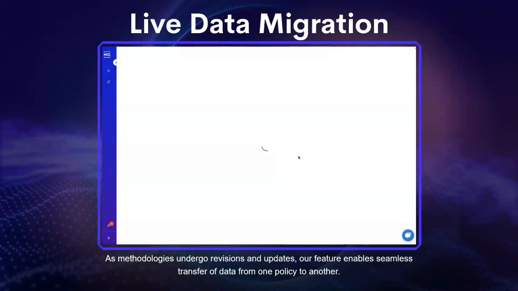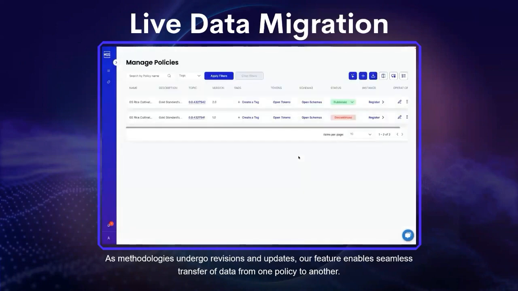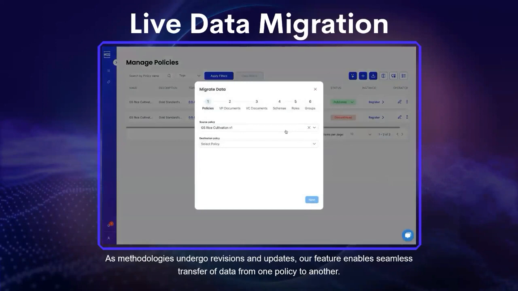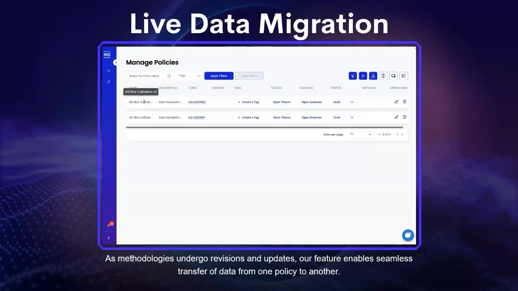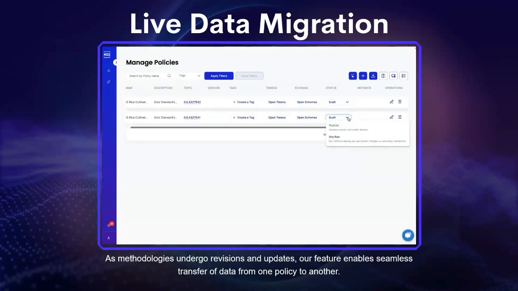Now that it's been discontinued, no one can use that version of that policy as it's not at the level of regulation that you would want it to be now that there's a new one with new parameters that are required in order for you to get any credits for that project. So here you would choose what policy you want. So we're moving it from version 1 to version 2.